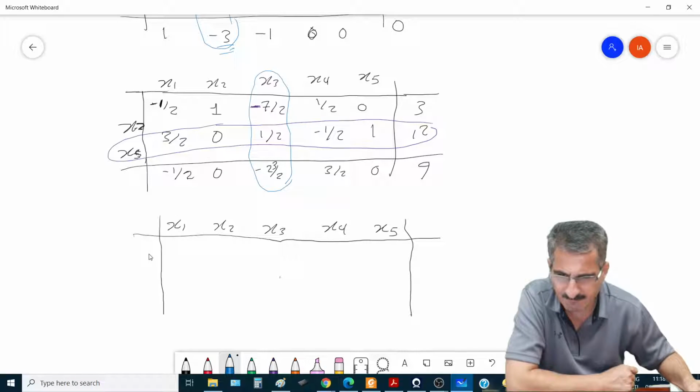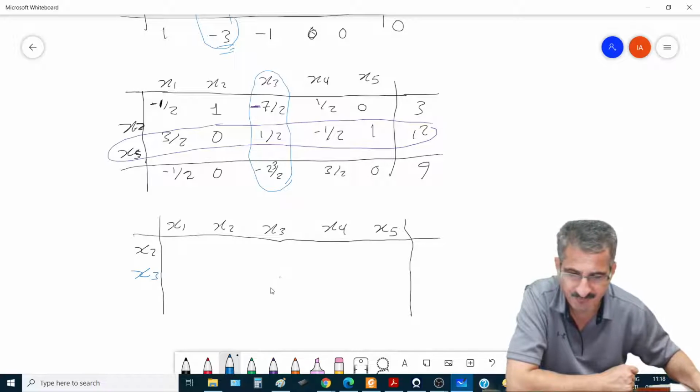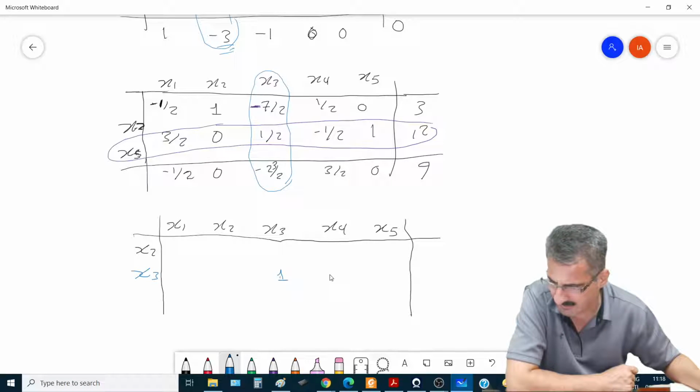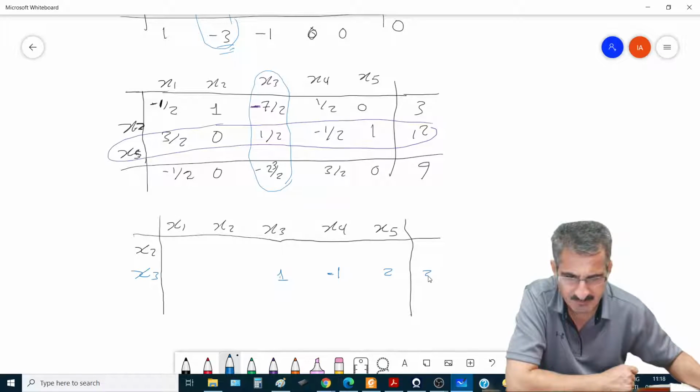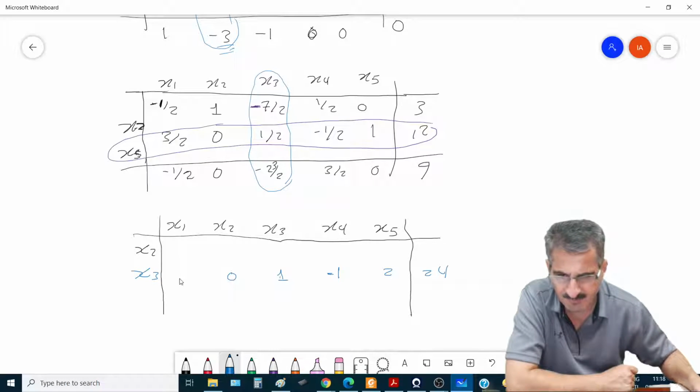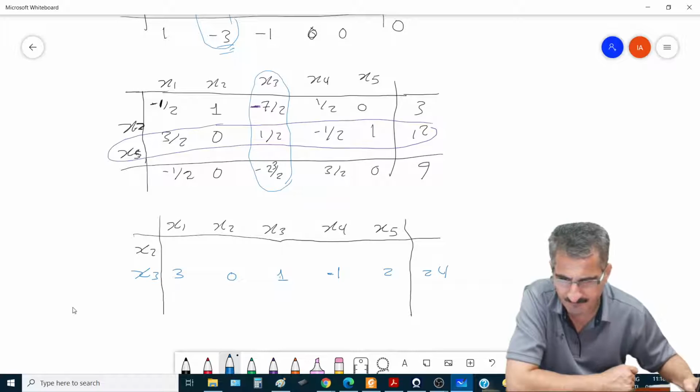So we have x2 here, and x3 will come here in place of x5, right? And we'll divide by 1/2. We get this, and then we get that, and then we get this. Divide by 1/2, and then we get 3.